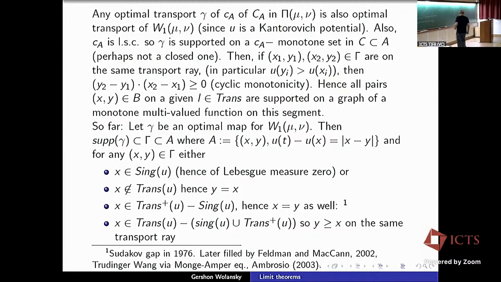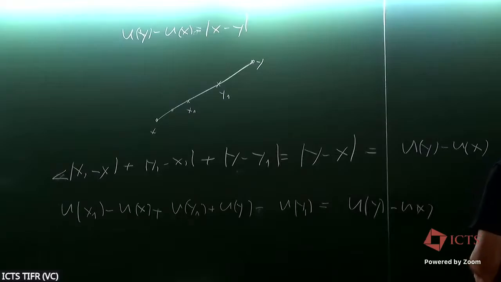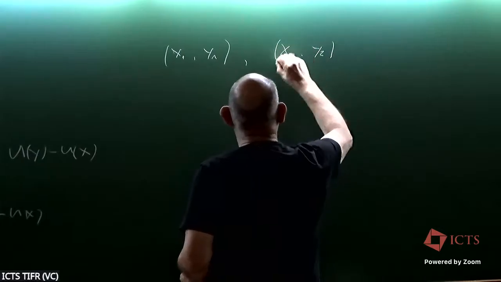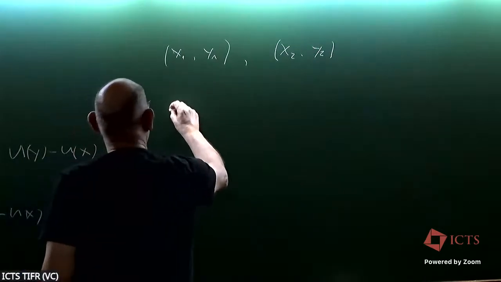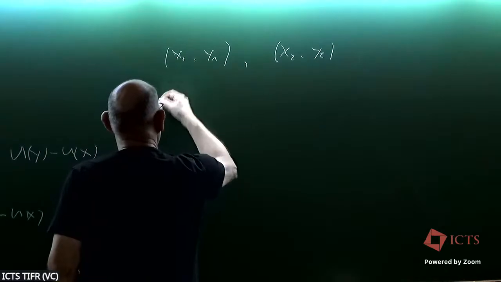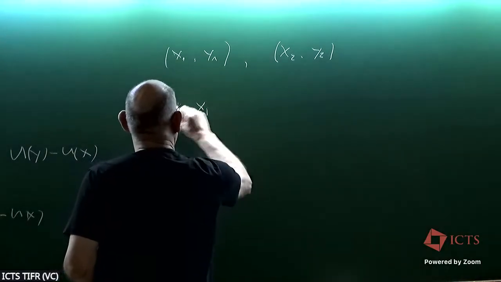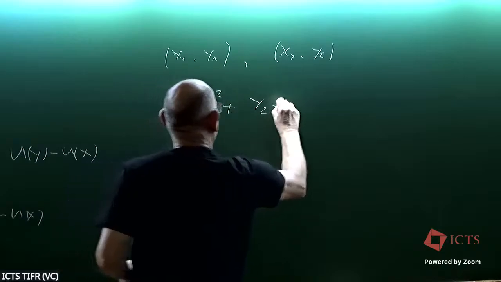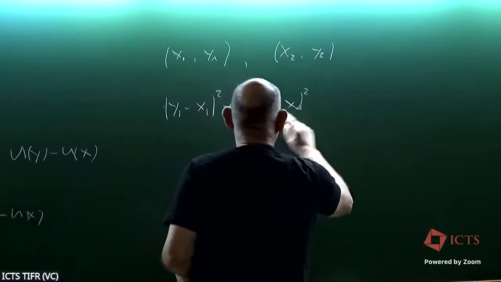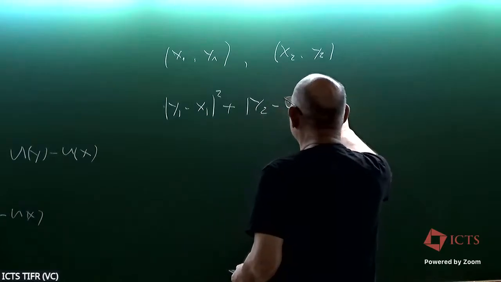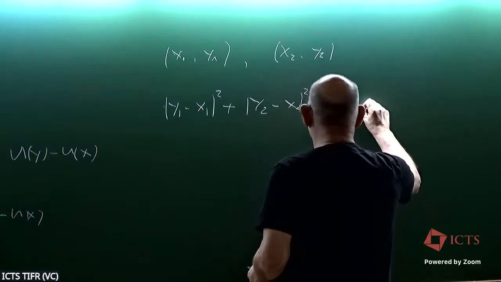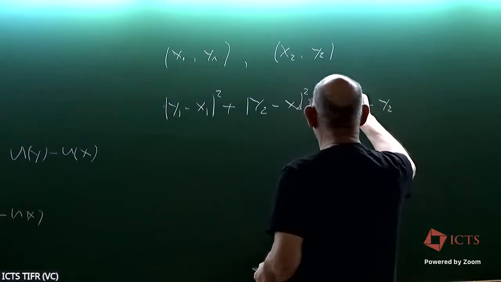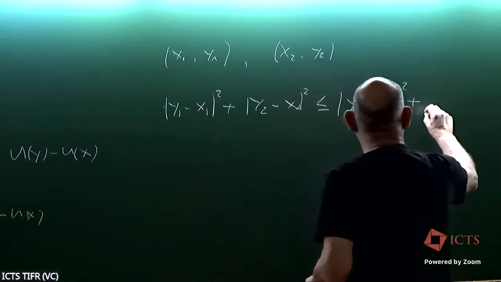So if this is quadratic, let's look at the chain of just two pairs, (x1, y1) and (x2, y2). So we know that |y1 - x1|^2 + |y2 - x2|^2, by cyclic monotonicity, is smaller or equal than |x1 - y2|^2 + |x2 - y1|^2.